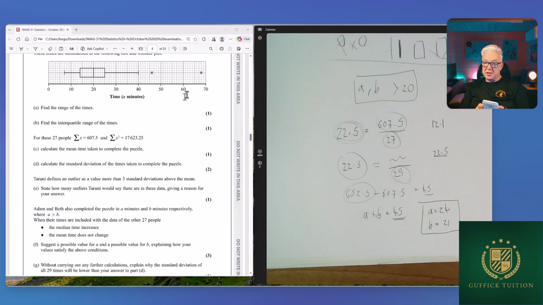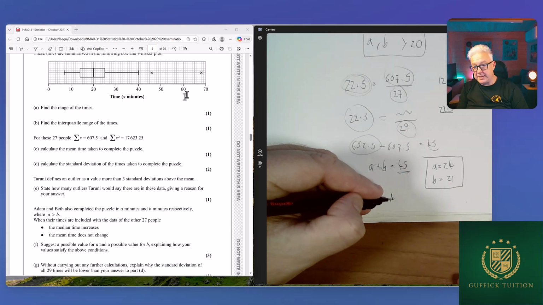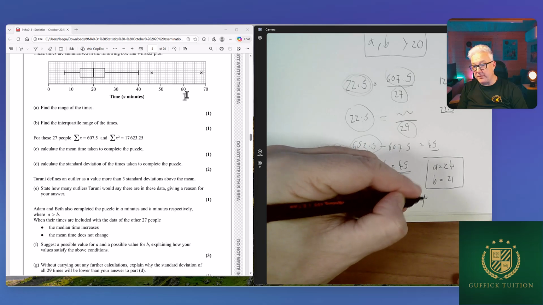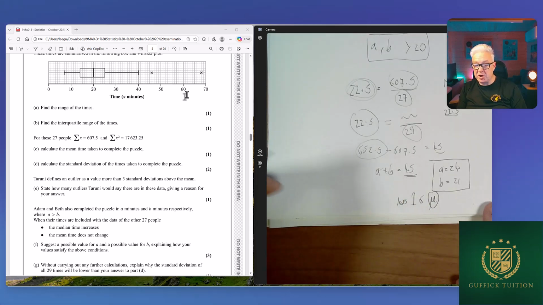So if you can see, we've got our mean 22.5 plus the 12.1 is 34. So basically what we're saying is both of these values are less than 1 standard deviation away from the mean.